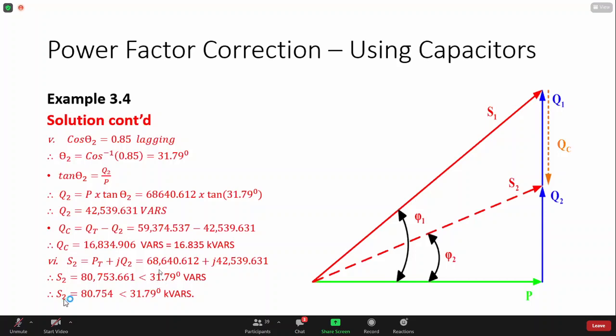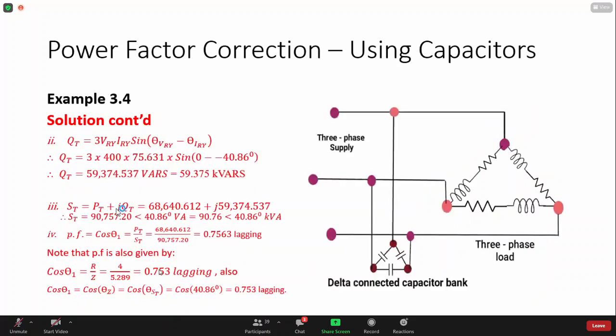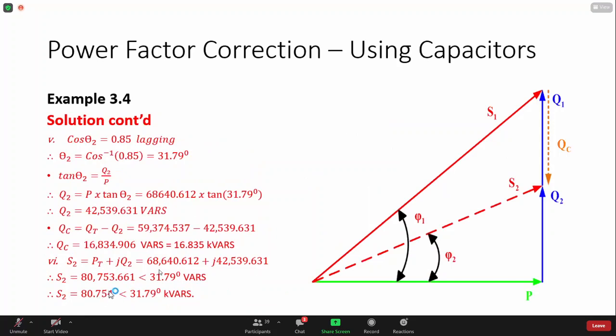So adding the capacitors has reduced my apparent power demand from 90.76 to 80.754, and it has improved my power factor from 0.75 to 0.85. All right. This question is well involved, sir.